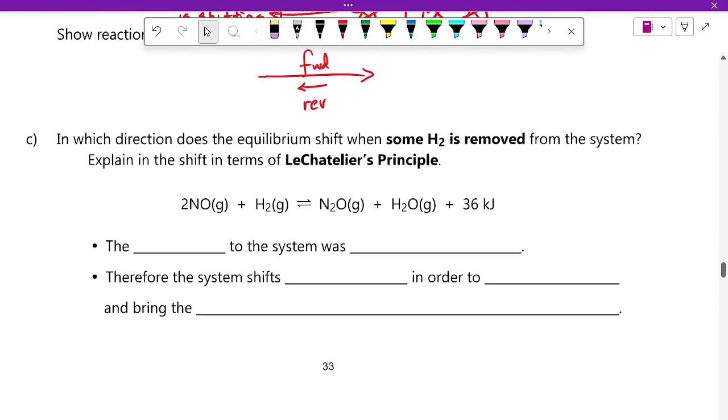All right, do you guys want to try this one? In which direction does the equilibrium shift when some H2 is removed? And in this case, you're going to explain in terms of Le Chatelier's principle.